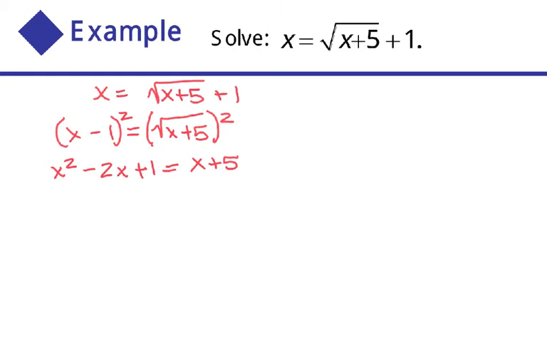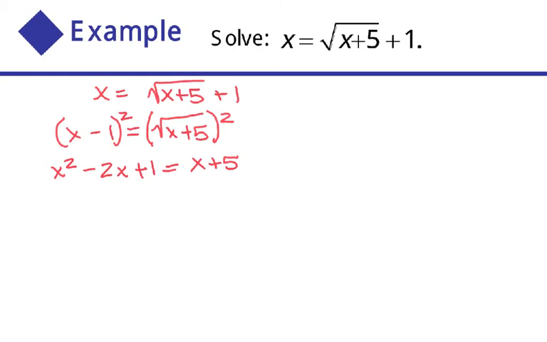And to solve quadratic equations, we use the principle of zero products, which tells us that if we have two things multiplied together equal to 0, either one equals 0 or the other equals 0.